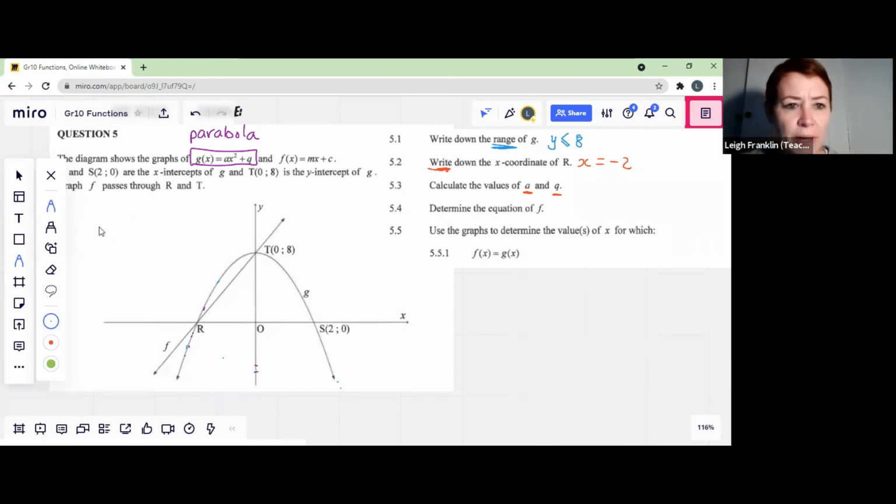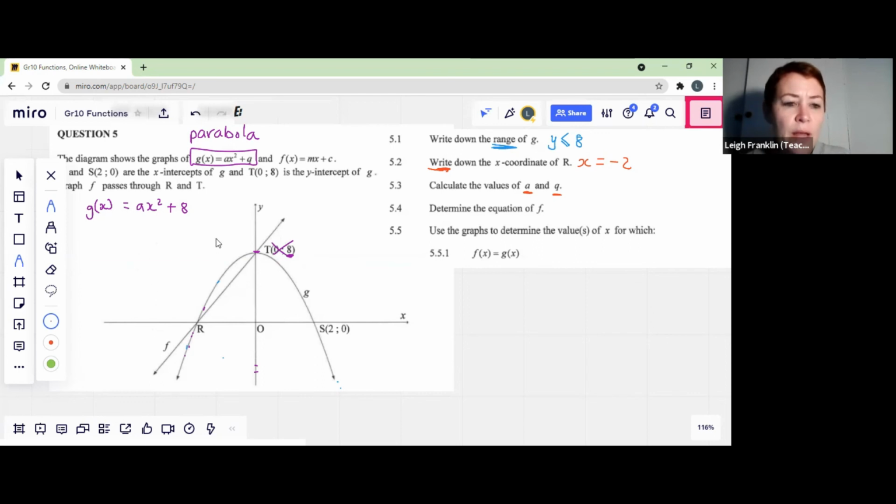We looked at the picture and we said g of x, which is the same as y, is equal to ax squared plus q. And then we could see here that the y-intercept was +8. So in the place of q goes the y value at the y-intercept. So you said +8. Excellent. Now we have used that point. We can't use it again.